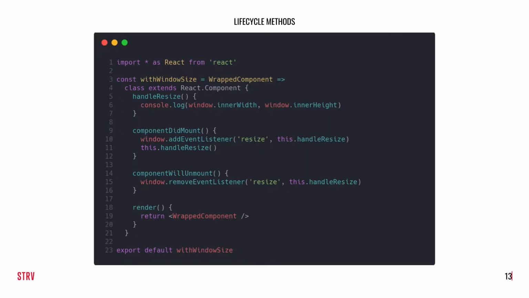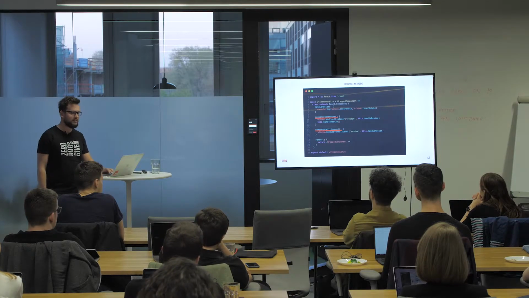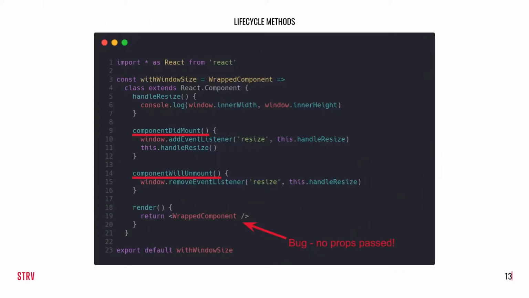So here is another example of a HOC. Here, the important part is just componentDidMount and componentWillUnmount. This HOC just takes the size of the window and prints it in the console log. And be aware, there is a bug here because we didn't pass any props.